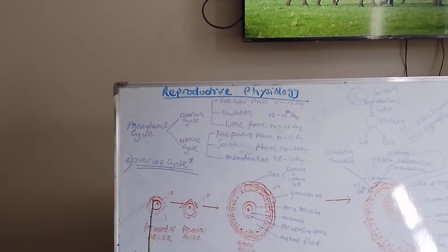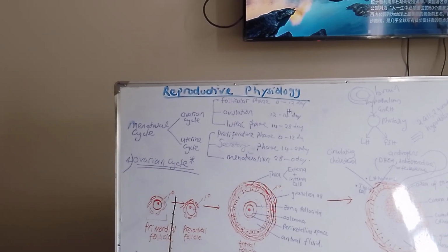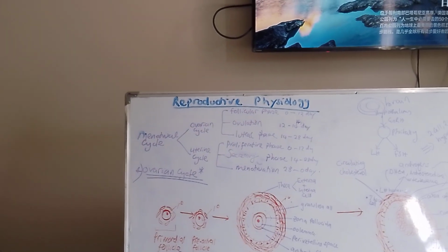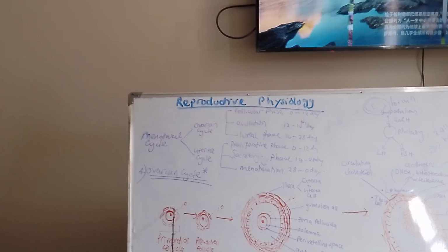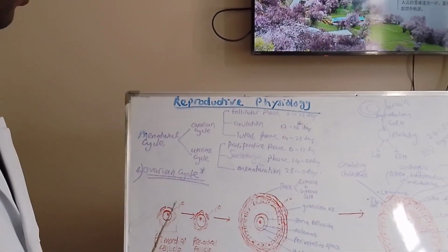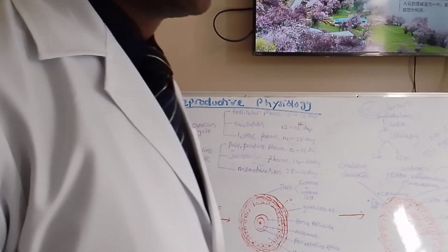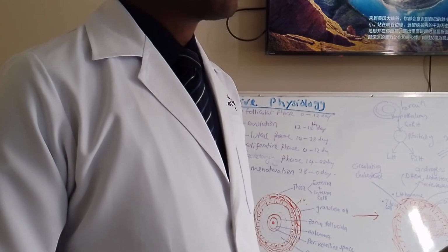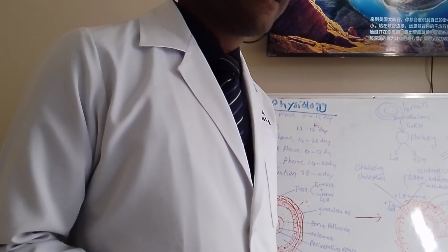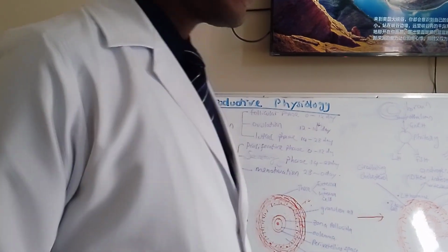And the combination of the flattened cells and the primary oocyte is called the primordial follicle. So the primordial follicle is a combination of the primary oocytes and the theca cells. If this primary oocyte is not completely covered by the theca cells, it's dangerous. That cell will die. It becomes atretic. That explains why, from that huge number, you end up with a drop to 1 to 2 million at birth. Because some of them are not thecally covered.